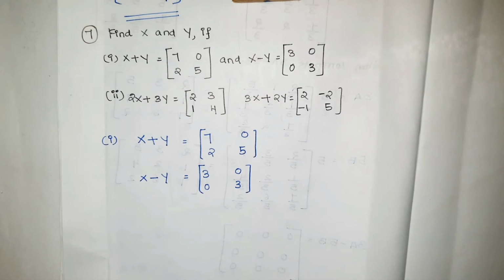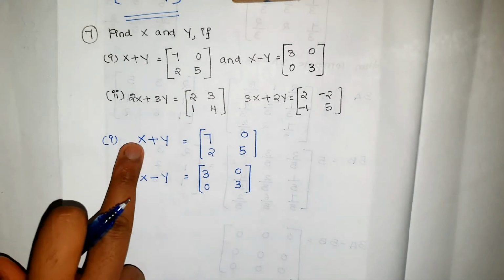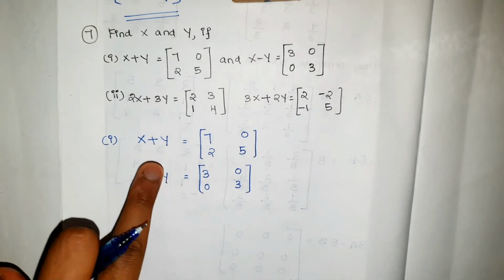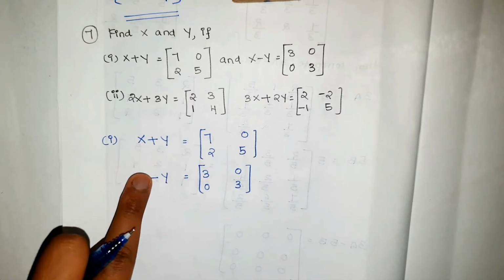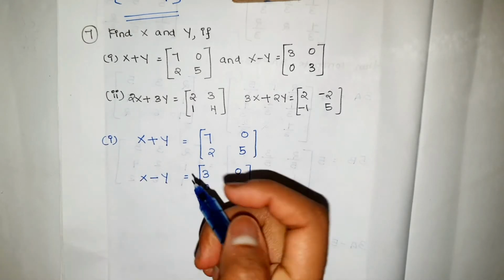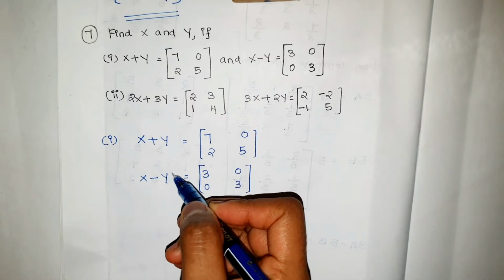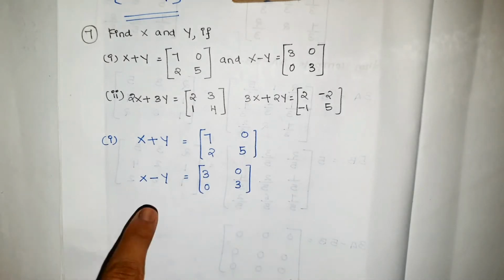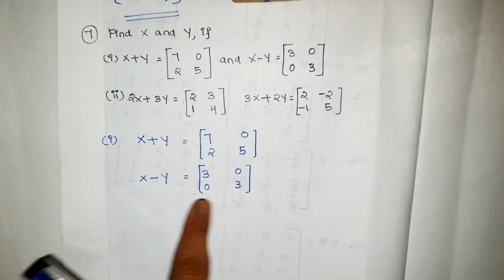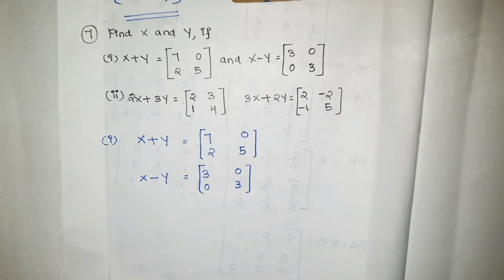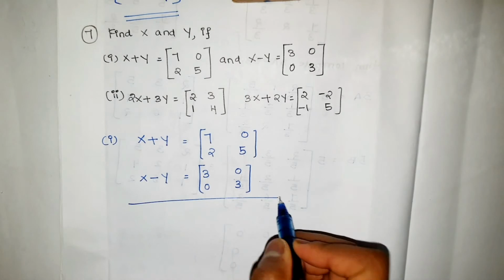Okay students, so we have to find the value of x and y. If we add these two equations, we can cancel the y and y terms. We get a value in terms of x, and from that we can find the value of x. So I am going to add this.